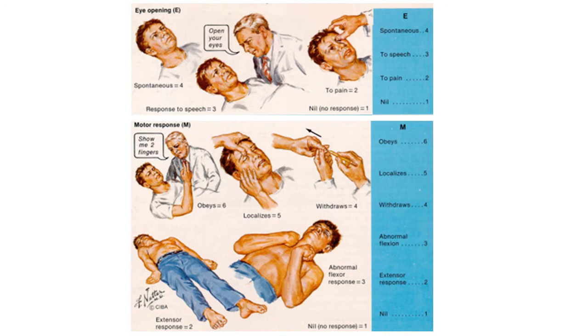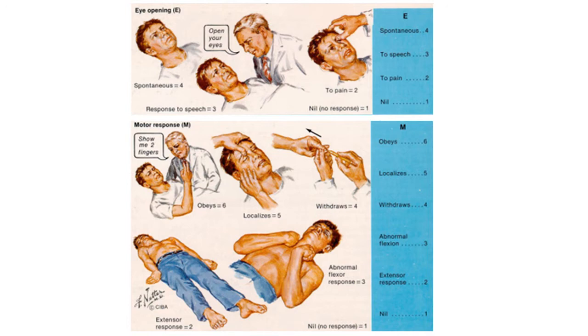If not, then we can try to elicit pain to the patient, especially at the supraorbital or at the sternum. If patient opens their eyes upon pain, we put it as 2, and if no response, we put it as 1. For motor response, if patient can obey commands, we can put it as 6.